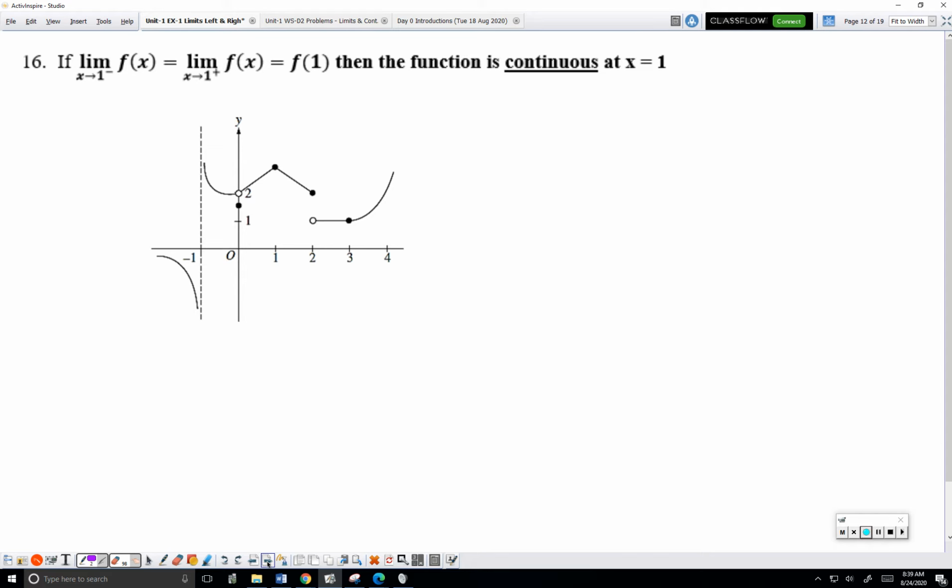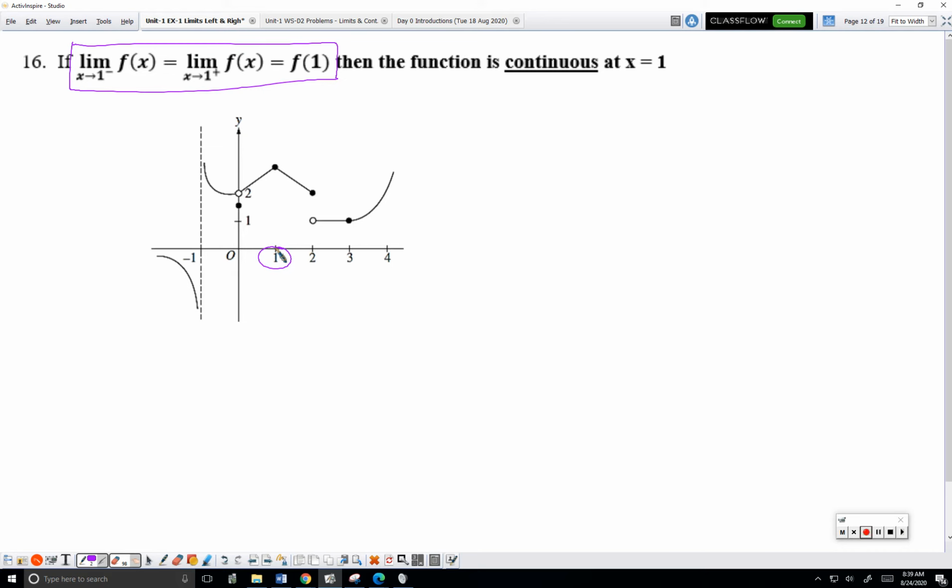And then the last thing to memorize is what's known as the definition of continuity. It's back to what Daniel said, we're checking things in order. We're looking at a place where there is possibly a discontinuity. So in this example, we're looking at 1. We find the limit, left and right.